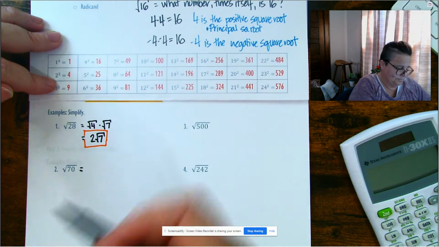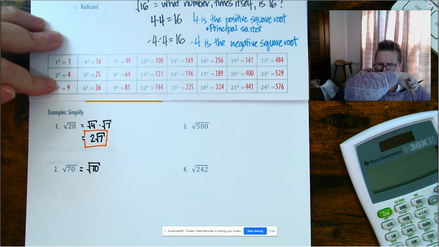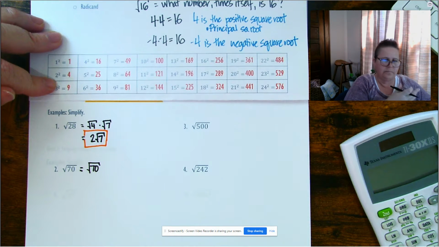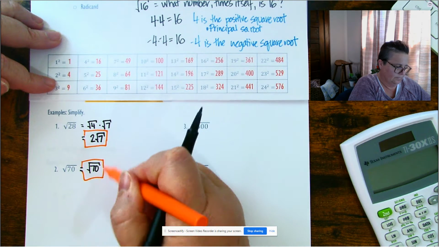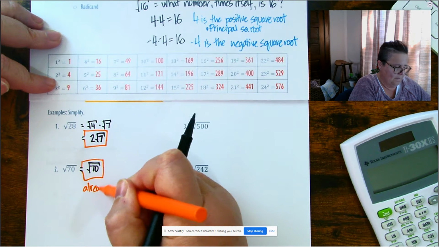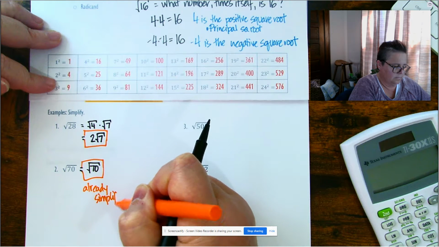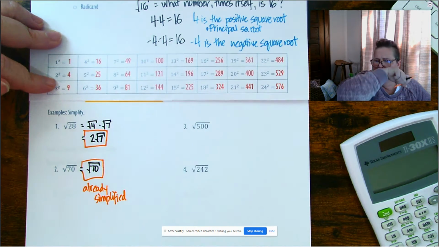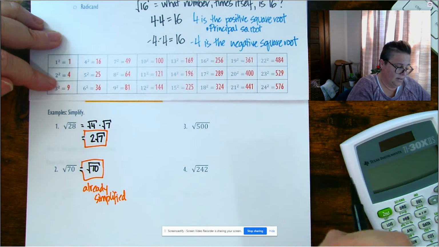So that's as much as I can do. The square root of 70 is already simplified. There's no more I can do there. That's it.